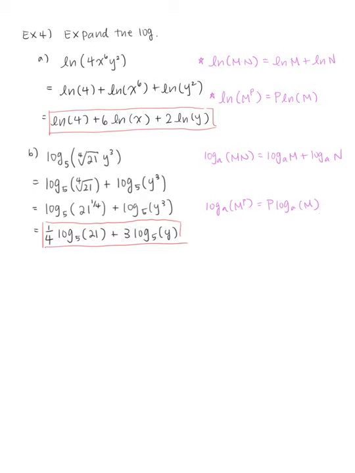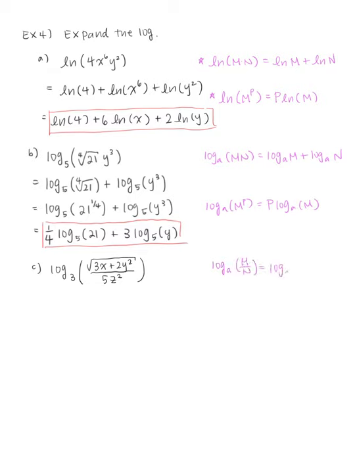Let's take a look at another one. Part C, let's try something like log base 3 of the square root of 3x plus 2y squared all over 5z squared. All right, do not panic. Take one step at a time. So the first property that I'm going to use is log base a of m over n.